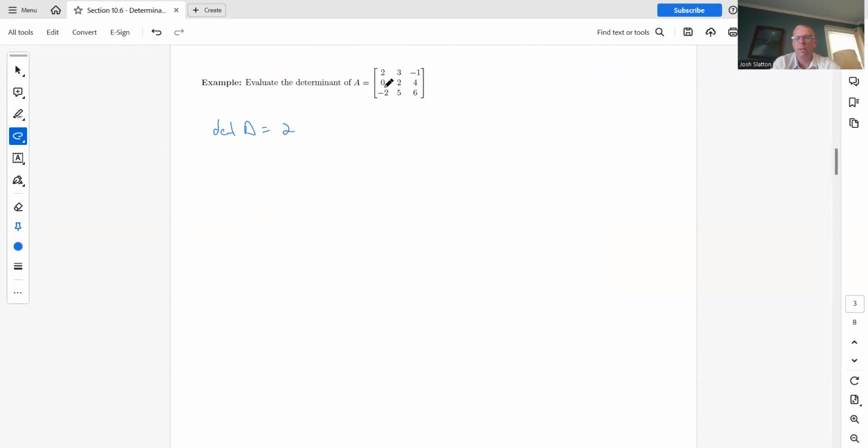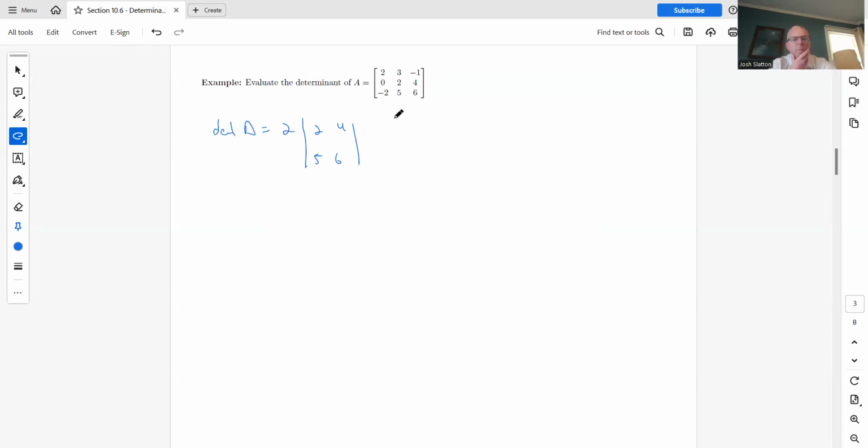So we're going to take the numbers along the first row, and then we're going to multiply this by the determinant of, we're deleting the first column, we're deleting the first row, finding the determinant of this.